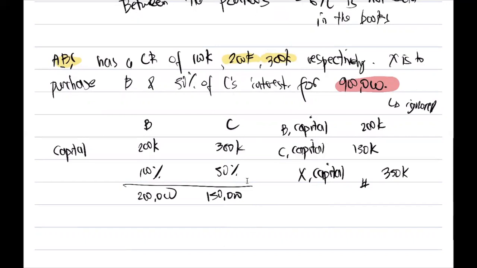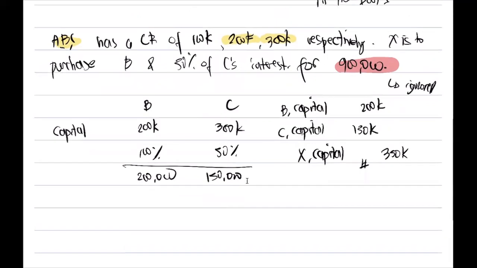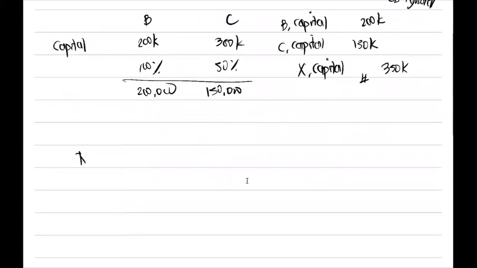We go now to your admission of a new partner by investment. This is a transaction between partner and partnership. So what do we call this one?